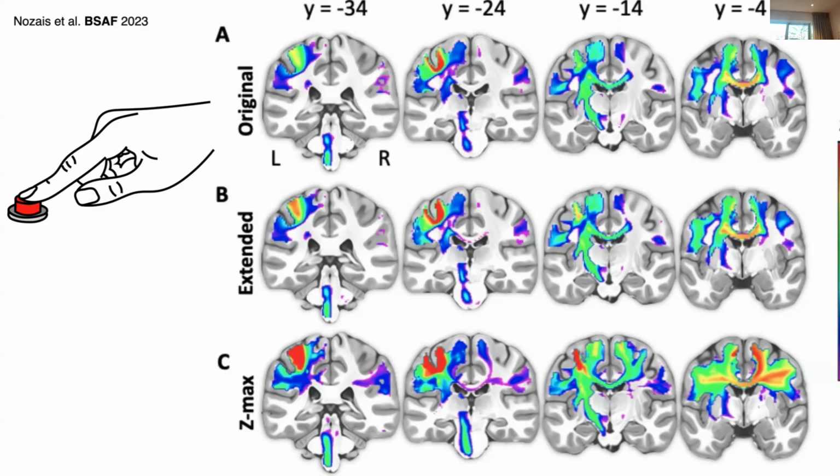So you get more information from the cortex and you end up with a result that is slightly more significant because you got more signal. And you can also use the three priors that I showed you just before to create those Z-max maps, which show you the maximum Z value in a single map of the connections involved, combining commissural, projection, and association pathways. Okay? So just small improvement.